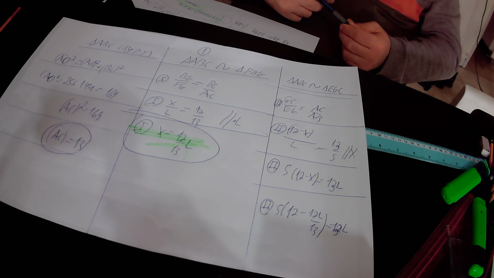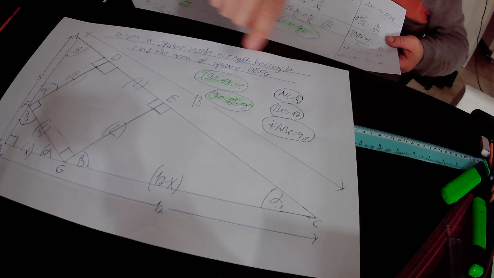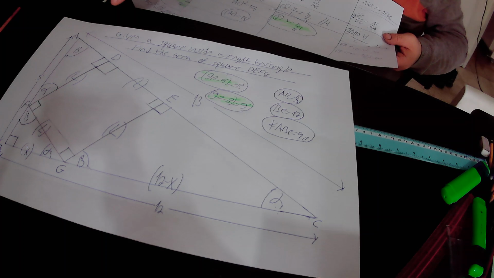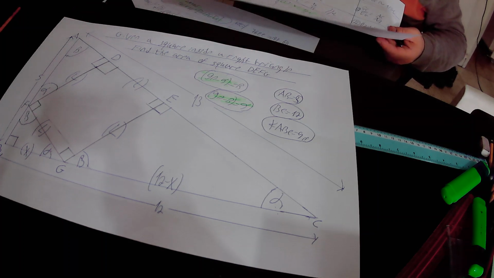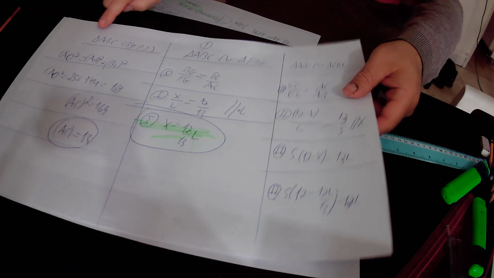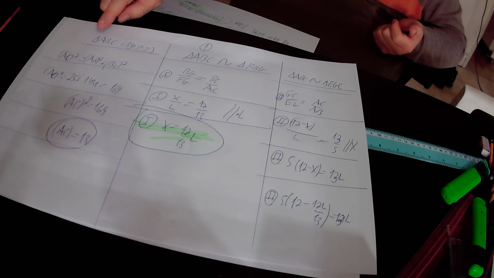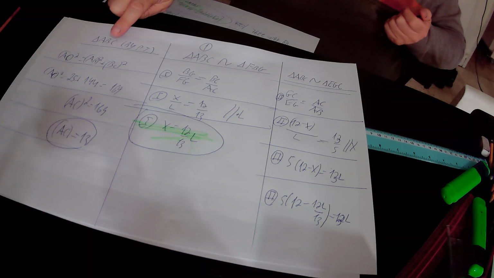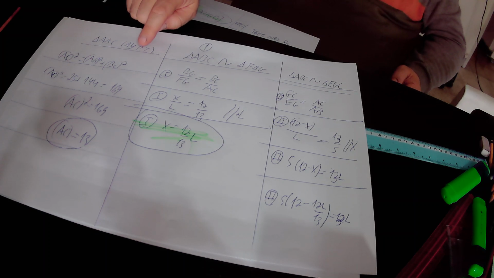Okay, so here AC is the hypotenuse, therefore the square of the hypotenuse is AC square, so AC square equals AB square plus BC square. AB is 5, therefore AB square is 5 square, that is 25, plus BC square. BC is 12, therefore BC square is 12 square, that is 144.